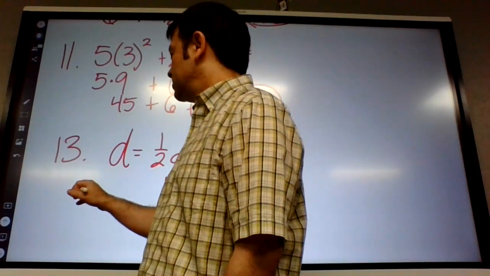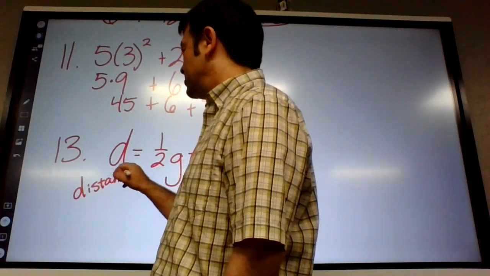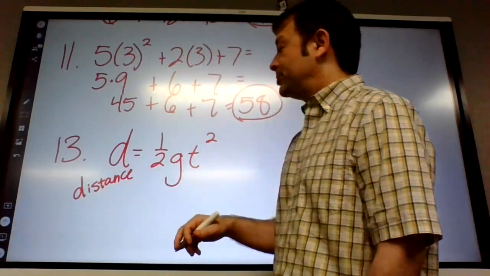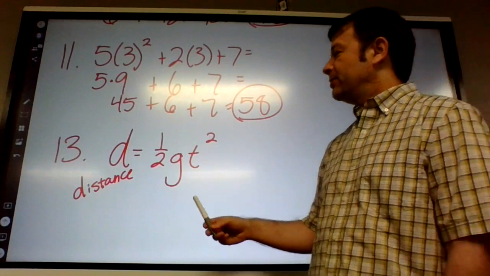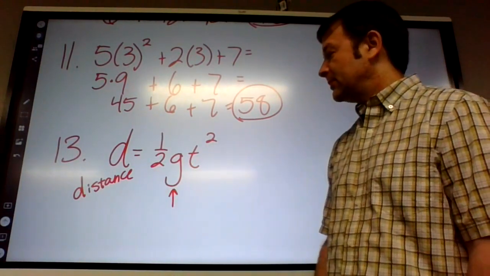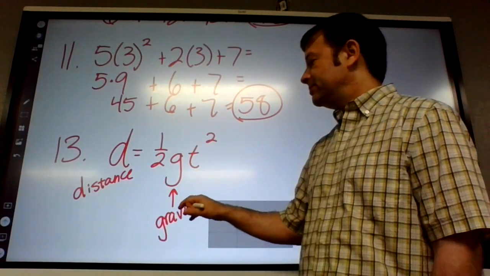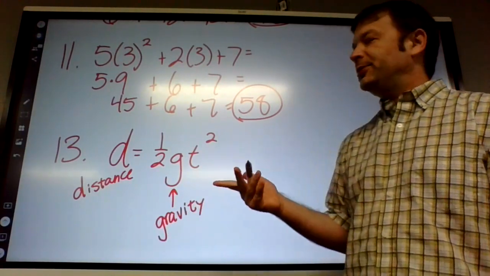Drop. Distance, kind of like a drop, yeah. The distance the item is going to drop. Well, what do you think the G stands for? Yeah. So gravity on the moon is different.